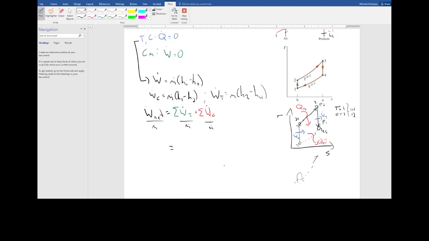So this is going to be my turbine power: m dot over m dot times h3 minus h4, which I expect to be positive, minus m dot over m dot times h1 minus h2, which I expect to be negative. But this is just 1 in both of these cases.